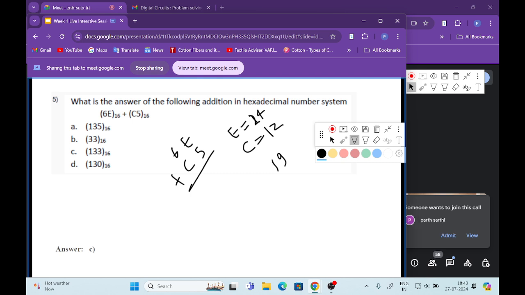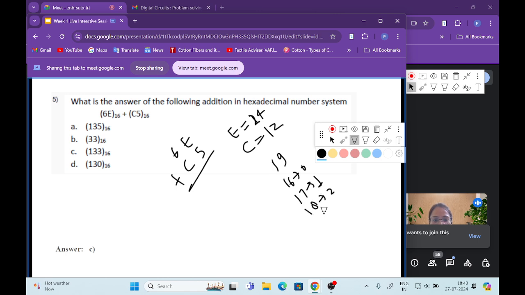You have seen in that table where sir has described it. After 15, 16 is represented as 0, 17 is 1, 18 is 2, and 19 is 3. So there will be 3 and 1 carry will be here.